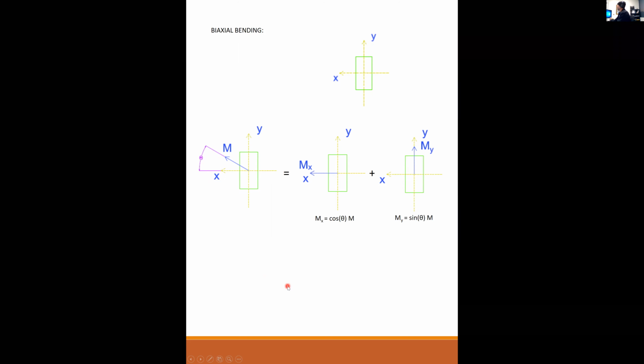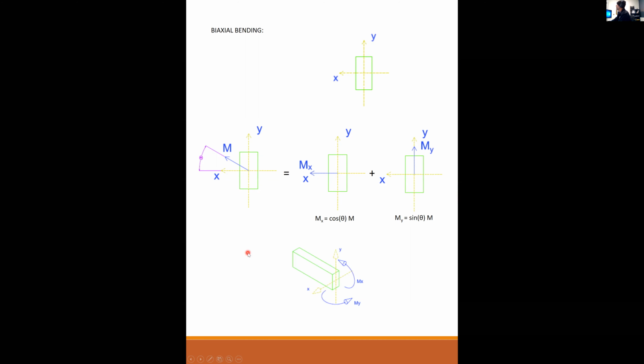If the angle is measured from the moment to the positive x-axis, then the x component is M cosine theta, and the y component is M sine theta. So we can take any moment and resolve it into components.